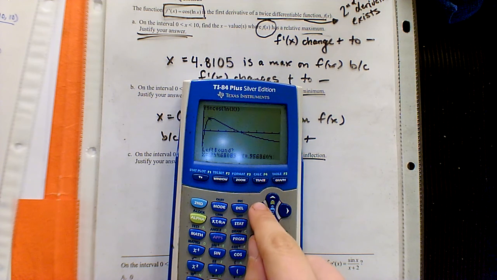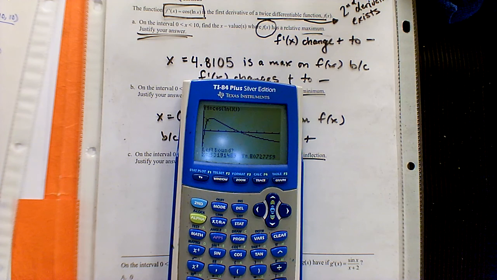We're going to hit the left arrow a few times and hit enter. Hit the right arrow a few times, hit enter, and then go back to where you think the maximum is. Now if we round or chop that to 4 decimal places, we're basically at 1.